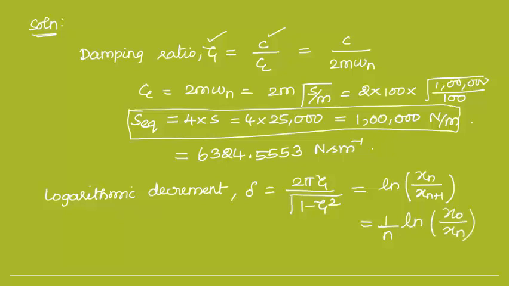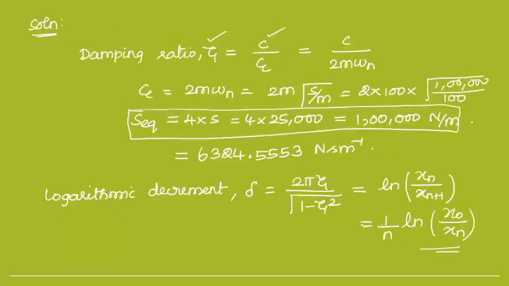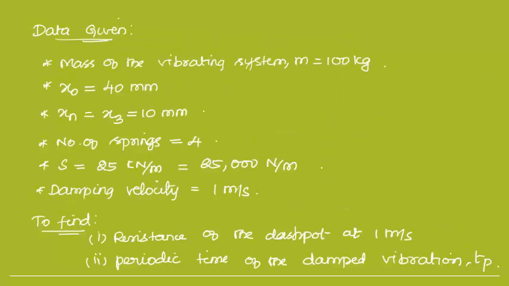Using this third relationship, first we can calculate the logarithmic decrement value. Here there are data for the initial amplitude and the amplitude of the third cycle. So we can use the formula 1 by n ln of x naught by xn as 1 by 3 ln of x naught divided by x3.